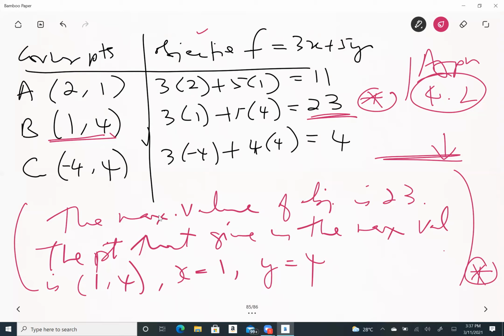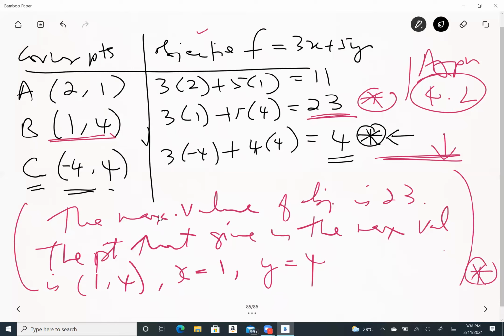So here, since we are looking at minimization, minimize the objective subject to the constraints, what you have is you want to look at the minimum value. So that is our solution, the minimum value. And the point that give you 4 is point C, negative 4, 4.